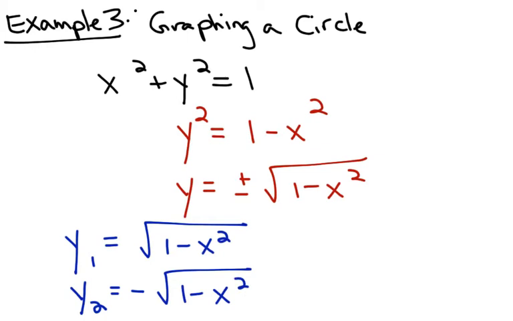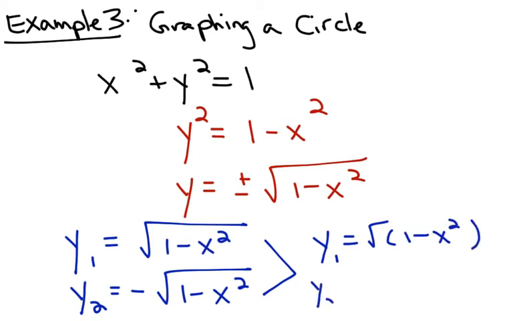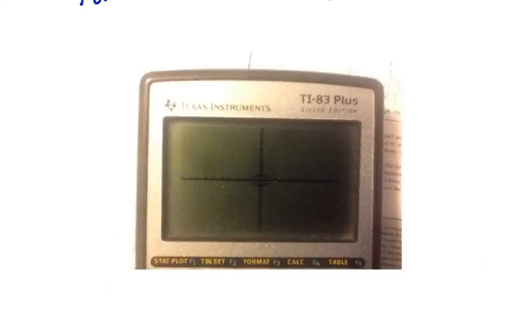So if you have the TI-84 calculator, when you type it in, it's going to look like what I wrote here. If you have a TI-83 that you inherited from someone, it's going to look like this. You're going to need to use parentheses. It's not that big of a deal. Either way, you'll get the same graph.